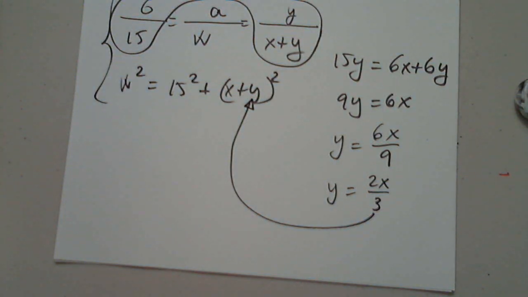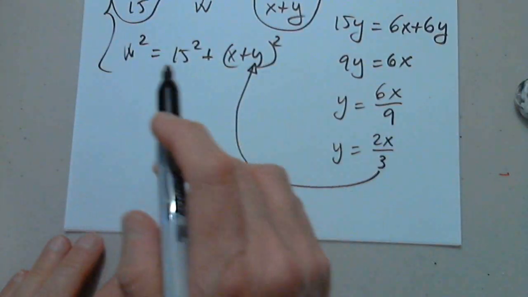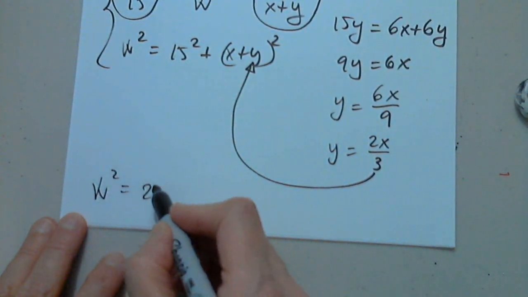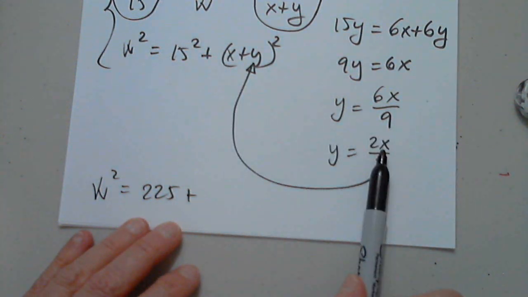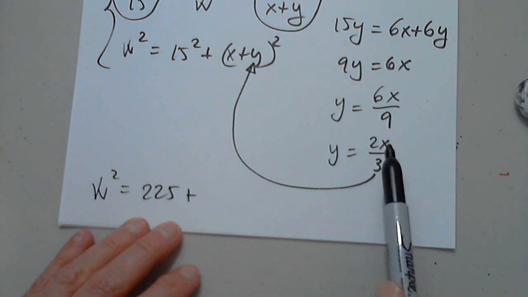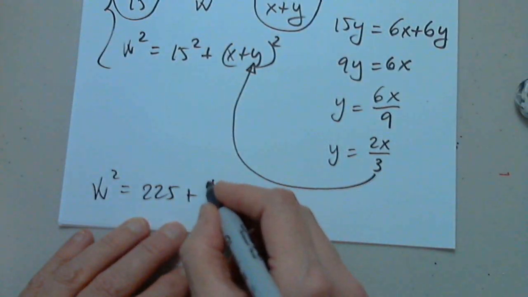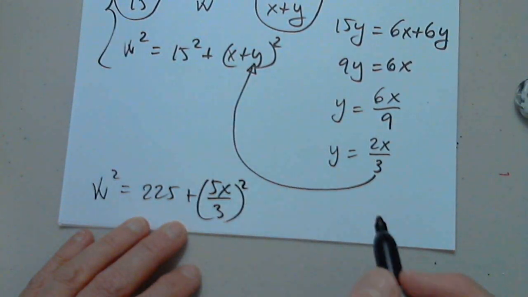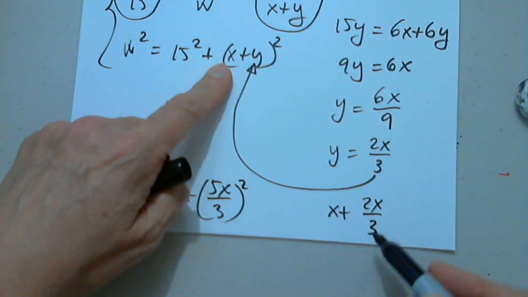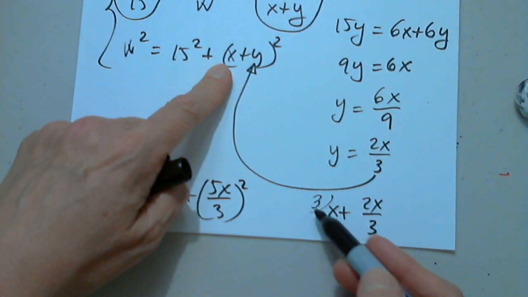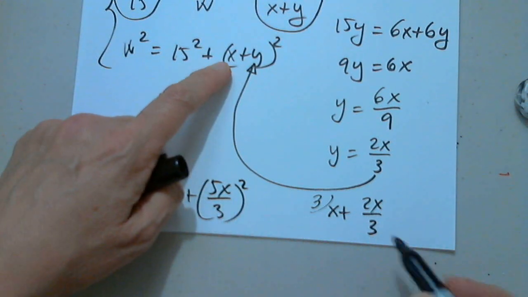I will replace y, and now I get W squared equals 225 plus x plus 2x over 3, which will be 5x over 3 squared. So x plus 2x over 3, this needs a 3. 3x plus 2x is 5x over 3.